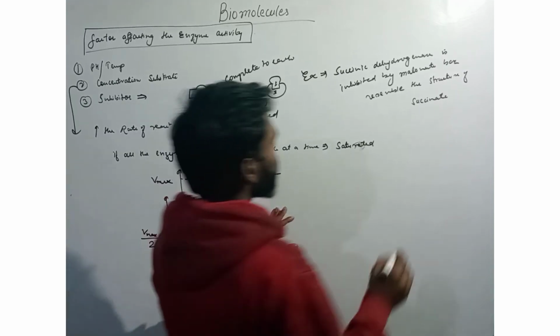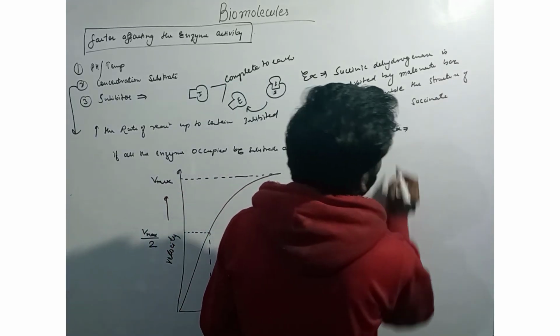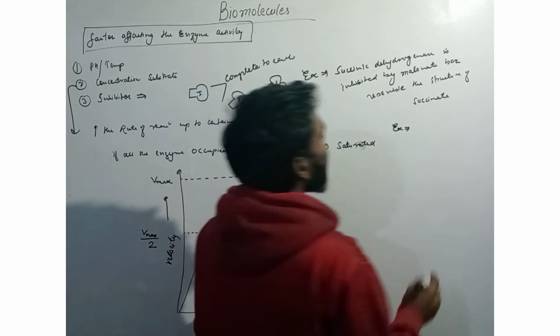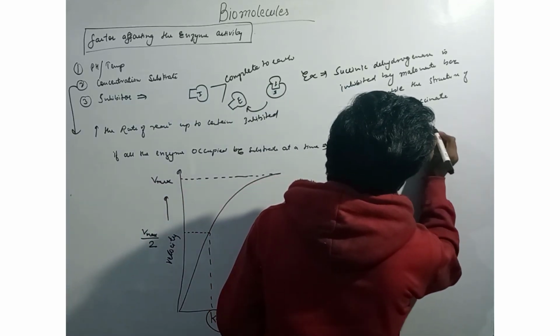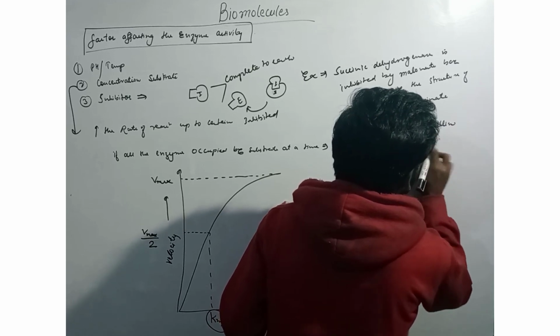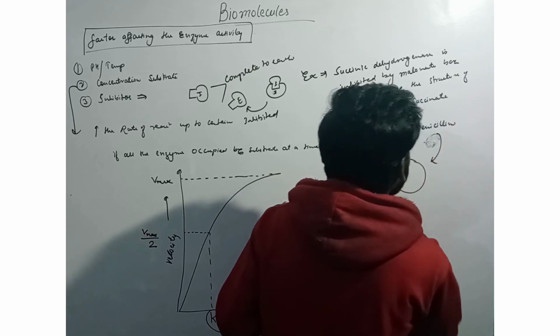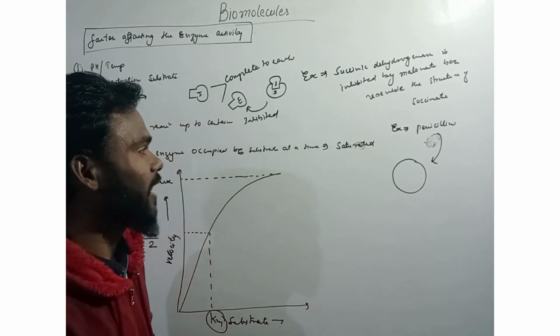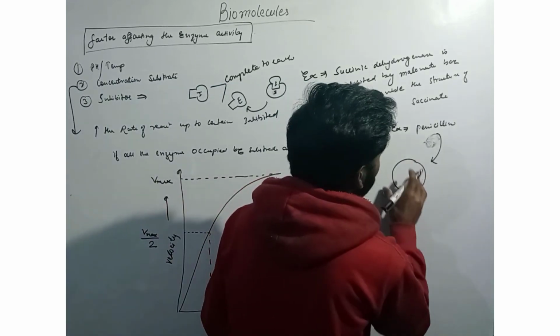For example, a bacterial pathogen is also inhibited by penicillin. Penicillin interferes with the cell wall of bacteria such that it prevents the formation of the cell wall.